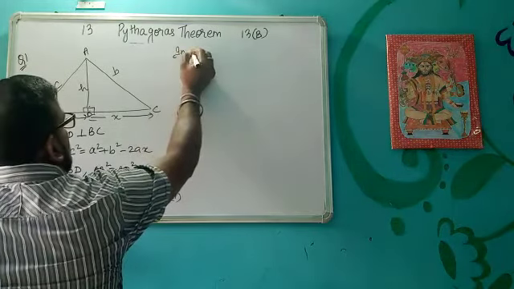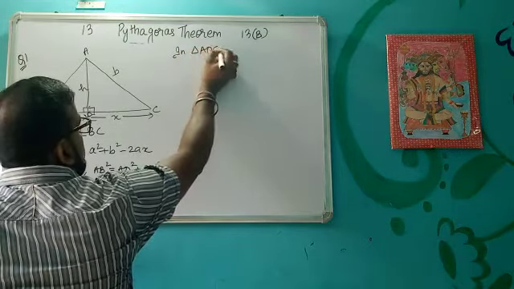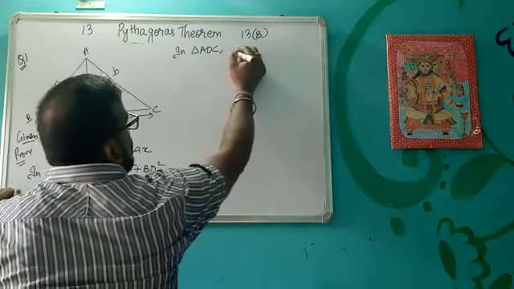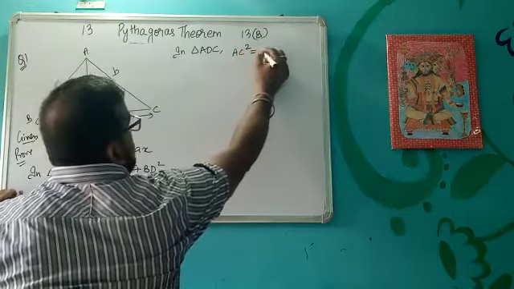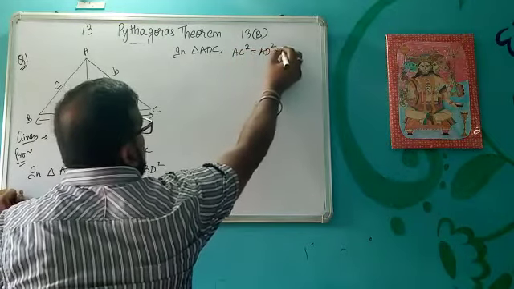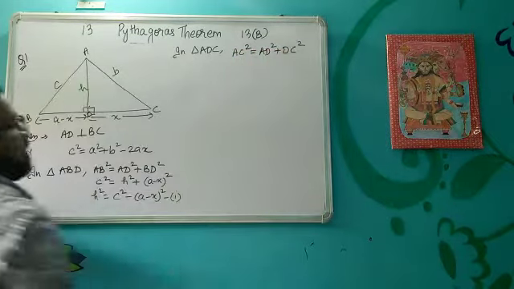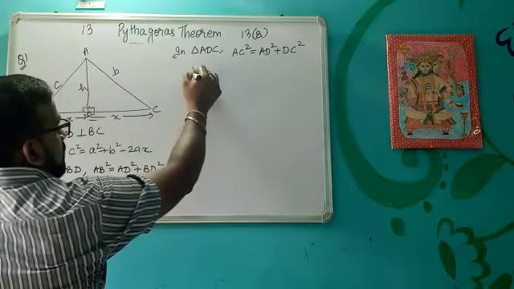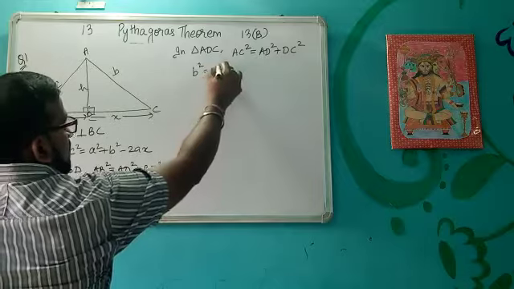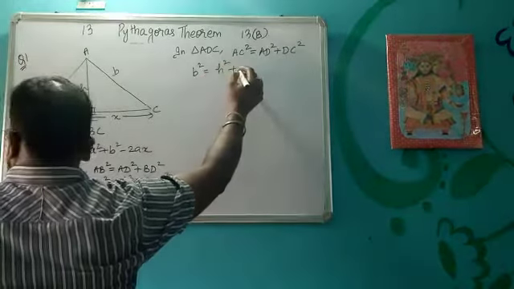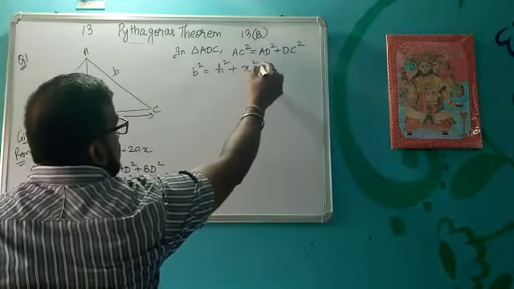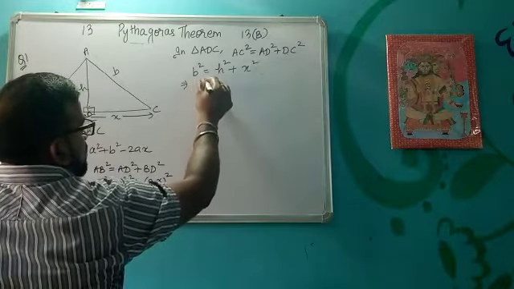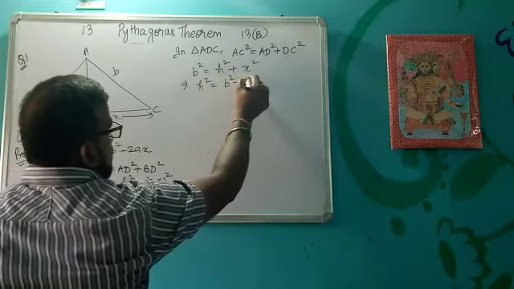Similarly, in triangle ADC, this is 90 degree. So AC square is AD square plus DC square. Okay, again we will use the Pythagoras theorem. So AC is b, AD is again h, and DC is x square. So from here we will get h square equal to b square minus x square.